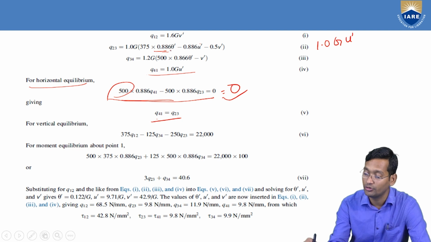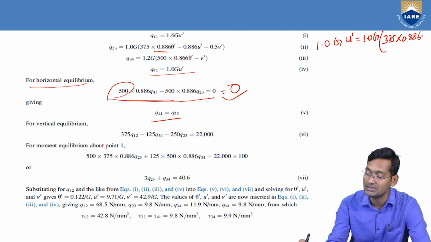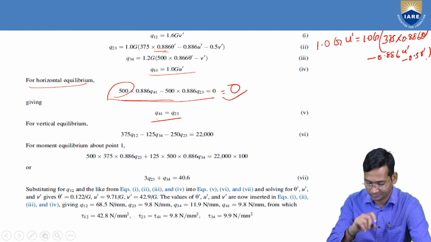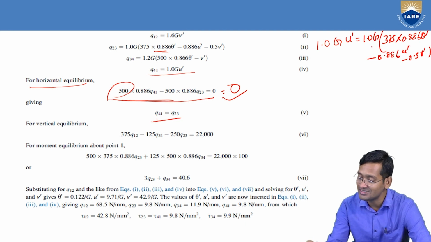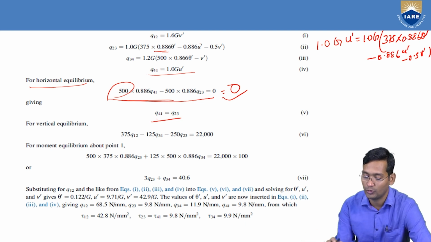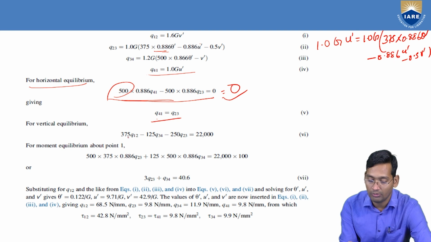This whole thing, that is equal to 1.0 G into 375 into 0.886 theta dash minus 0.886 U dash minus 0.5 B dash. Right? This is our Q23. Now further, just multiply and expand.